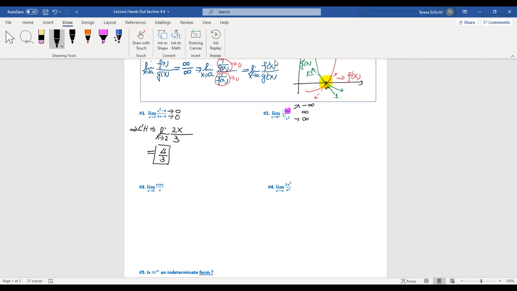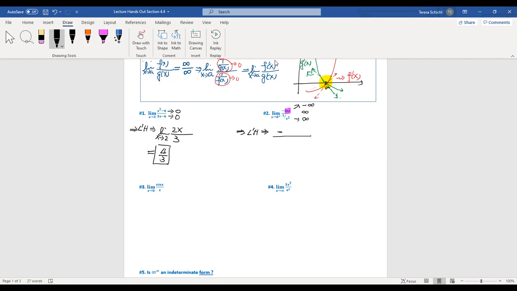Okay, and now, because this is infinity over infinity, what can we do here? We can use L'Hopital's rule, right? So let's use L'Hopital's rule. I can take the derivative on the top and on the bottom.